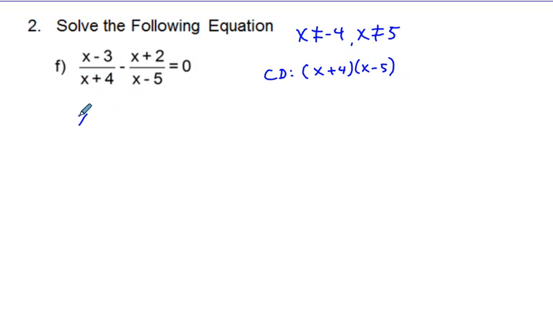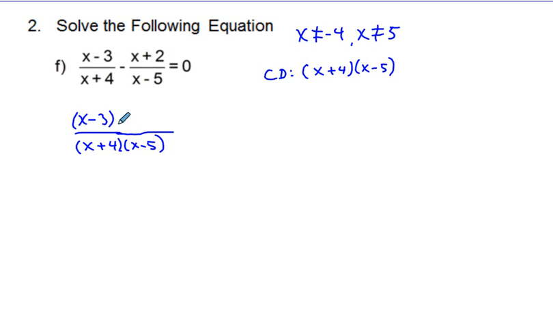So if we take x minus 3 over x plus 4, what can we multiply by to get our common denominator? Well, if we multiply our denominator by quantity x minus 5, we have our common denominator, but we have to do what also?